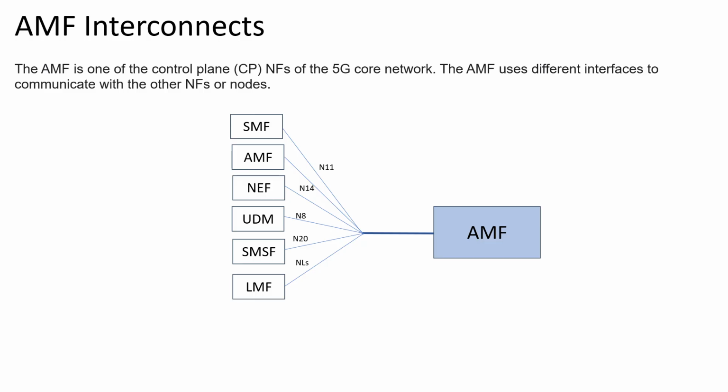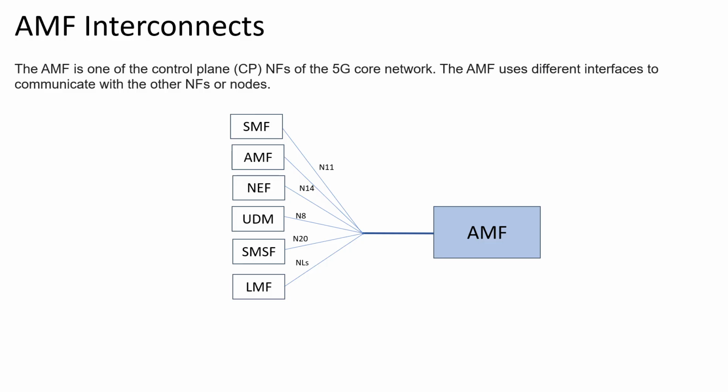AMF also talks to LMF, which is the Location Management Function, right? So AMF talks to LMF to get the subscriber civic information or lat-long information. So for example, GMLC is there. GMLC sends the request to AMF and tries to understand what is the current civic location of the customer, what is the current lat-long of the customer, right?